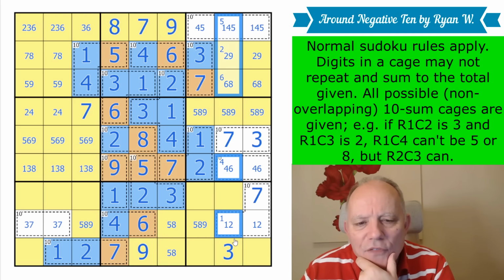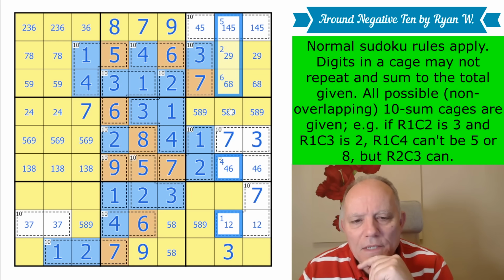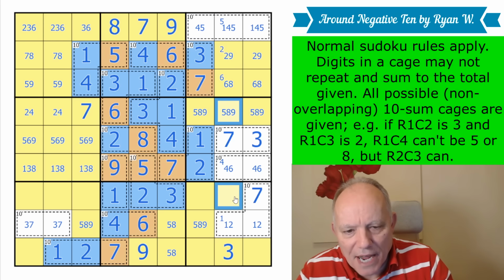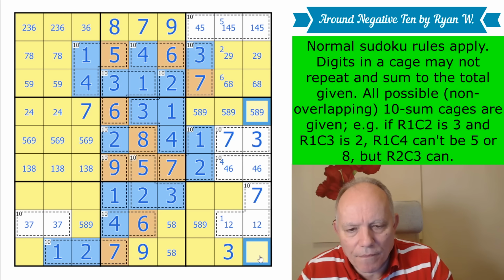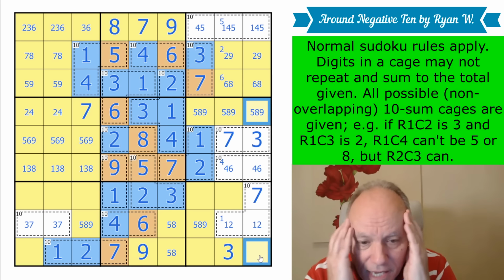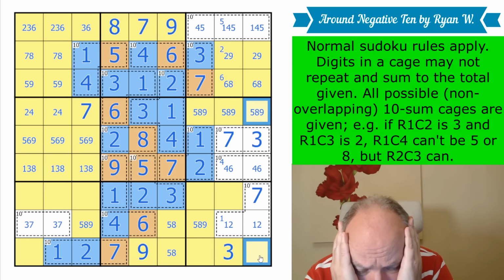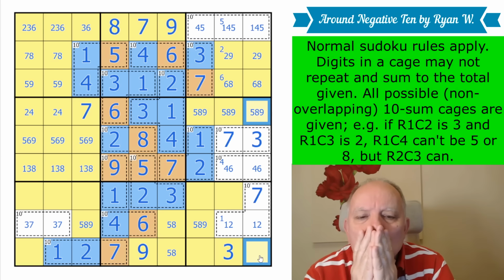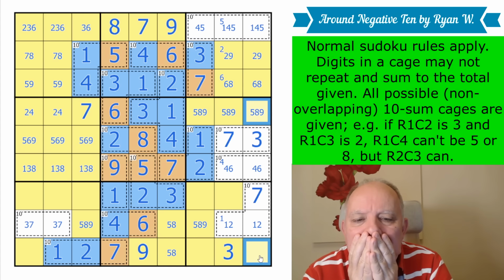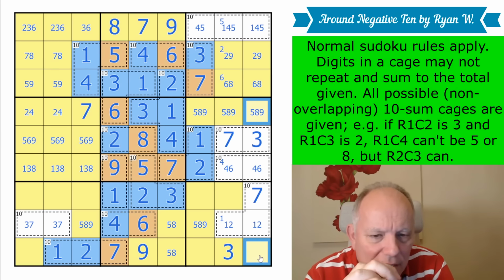Oh, and then we have 3 and 7 in the column. So either those two digits are an 8, 9 pair, or those two are. Oh, this is getting strange. I don't see still how to resolve this.